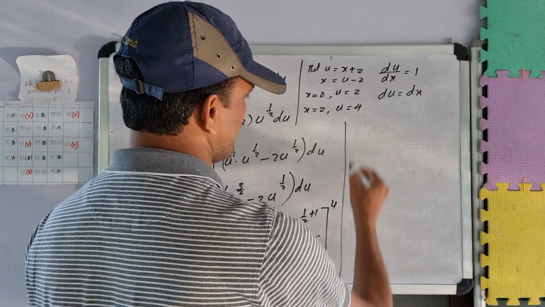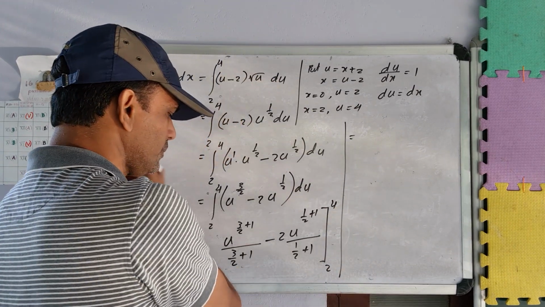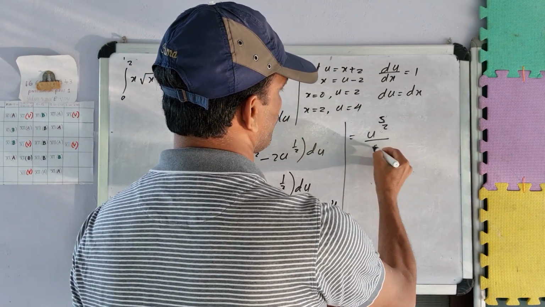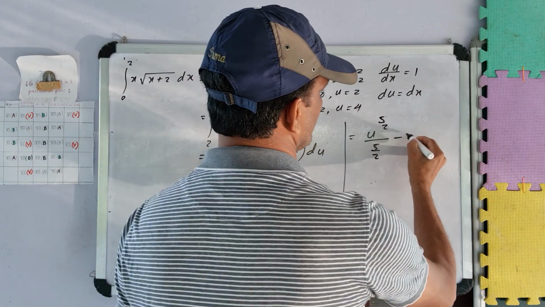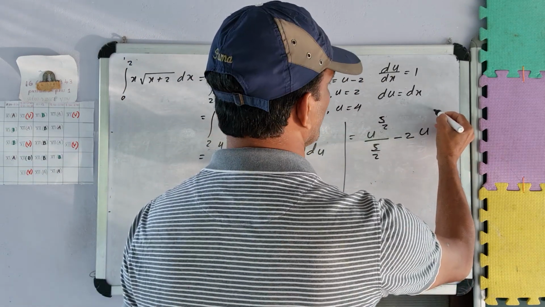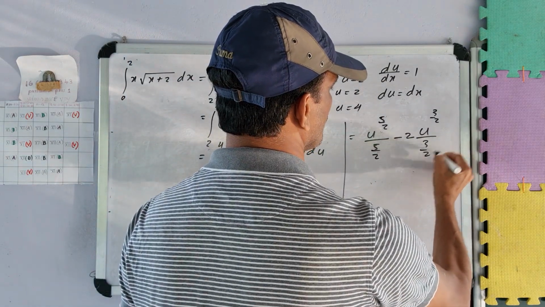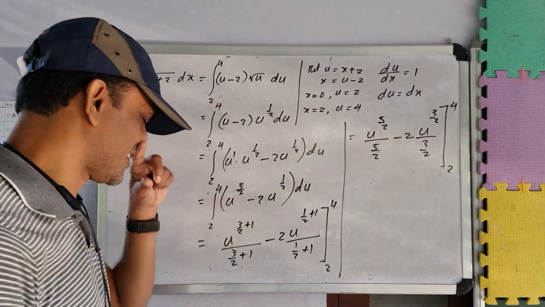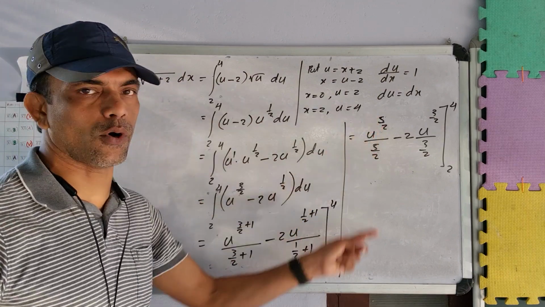Now the simplification: u raised to 5 over 2, over 5 over 2, minus 2 times u raised to 3 over 2, over 3 over 2, from 2 to 4. 3 over 2 plus 1 is 5 over 2.